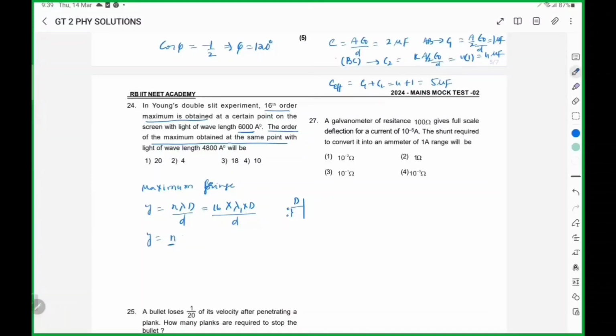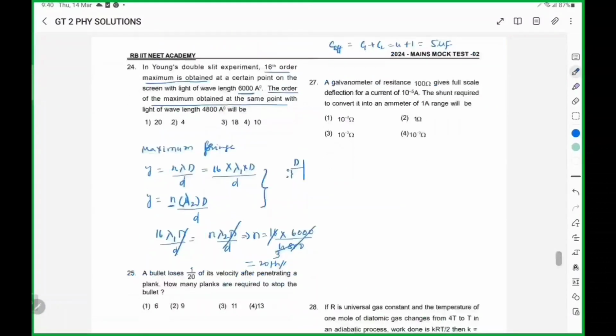Order we don't know, but the wavelength is changed to lambda 2 without changing capital D and small d. 16 lambda 1 D by d is n lambda 2 D by d. So n here is 16 lambda 1, 6000, by lambda 2, which is 4n. That is the 20th bright fringe.